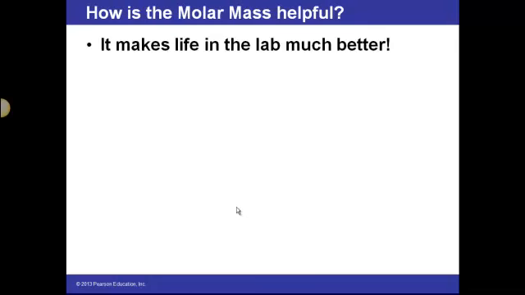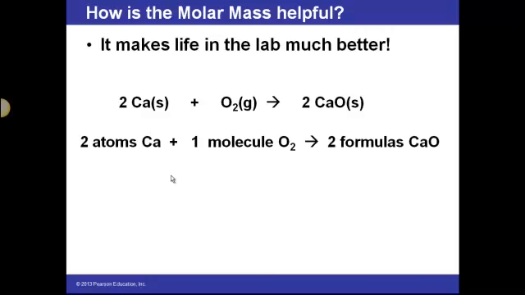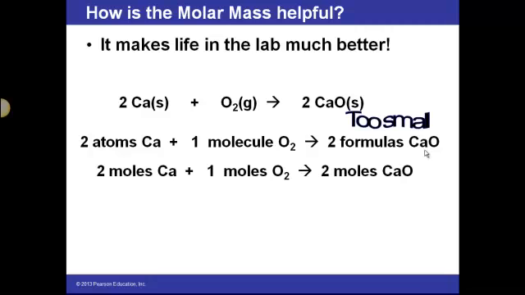So the molar mass is really helpful because we can utilize it to weigh things out in the lab. So we know at the atomic scale that this would be equivalent to 2 atoms of calcium combined with 1 molecule of oxygen to create 2 formulas of calcium oxide. This is too small.